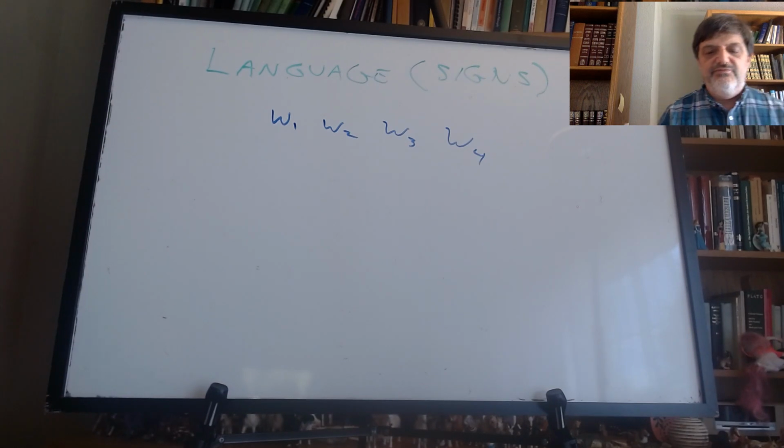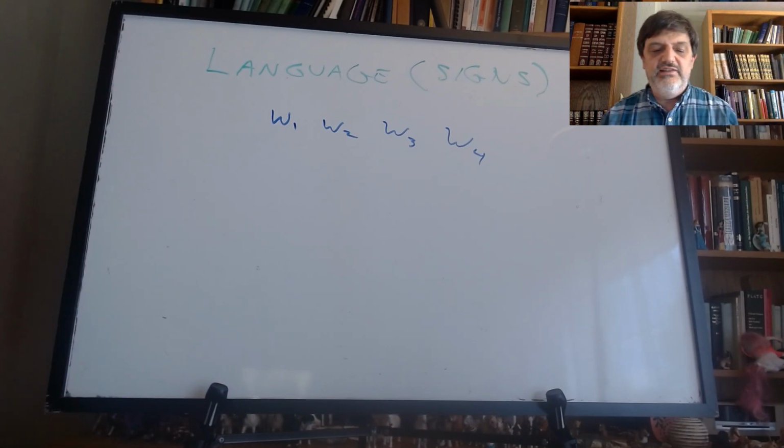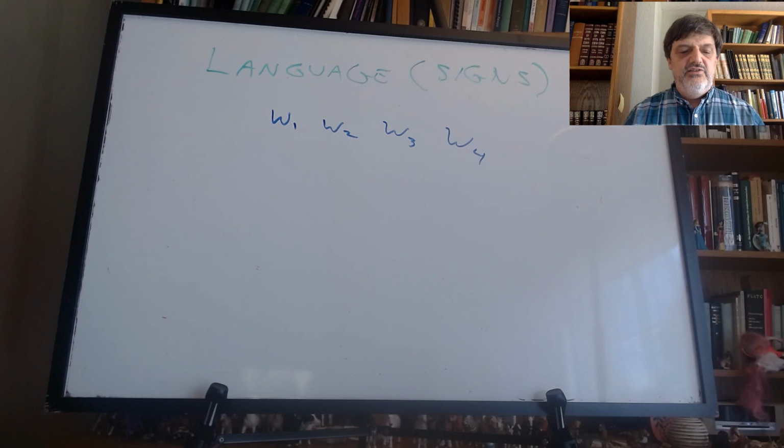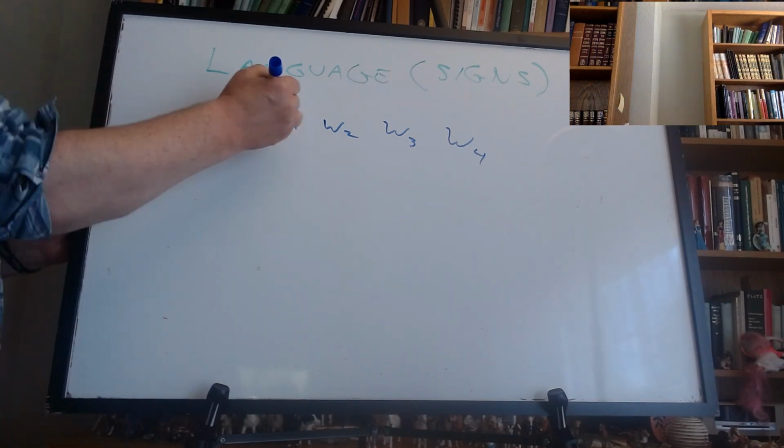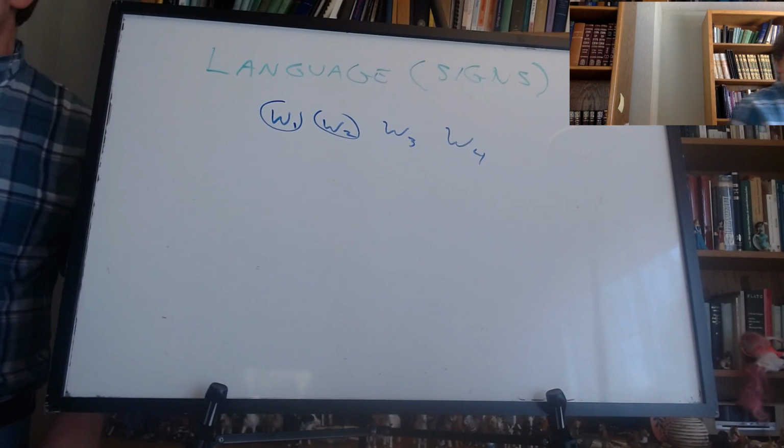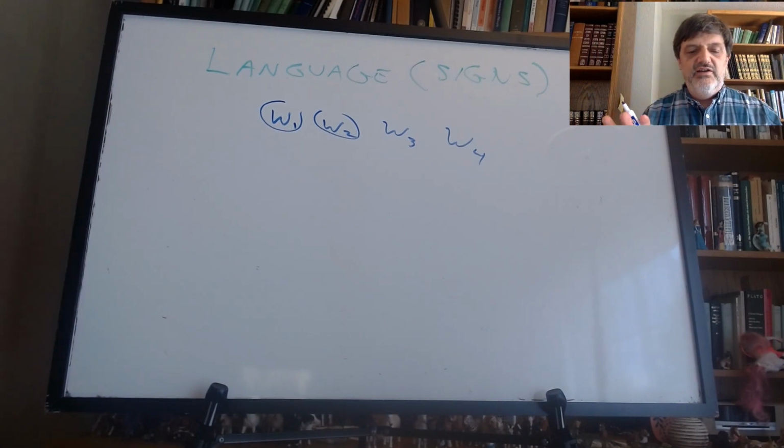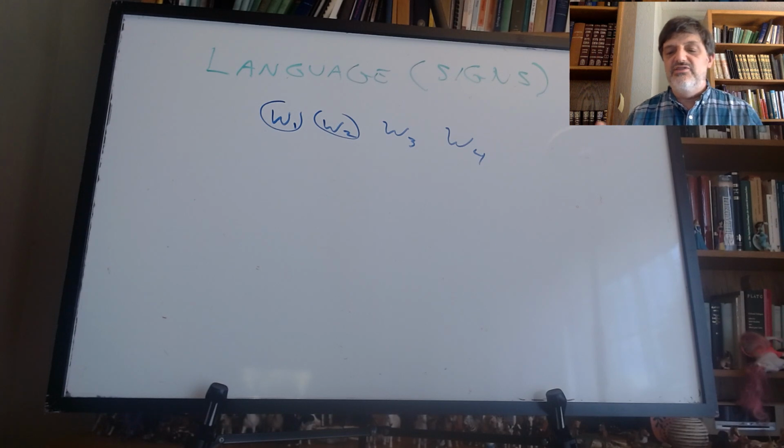One kind of relationship you might think they have to stand in is that there have to be rules according to which they are associated with each other. For example, if these were words, then there would be rules about what order they can come in a sentence. What word can come where, right? These are basically what we call grammatical rules, or what we call grammatical rules are a subset of these.